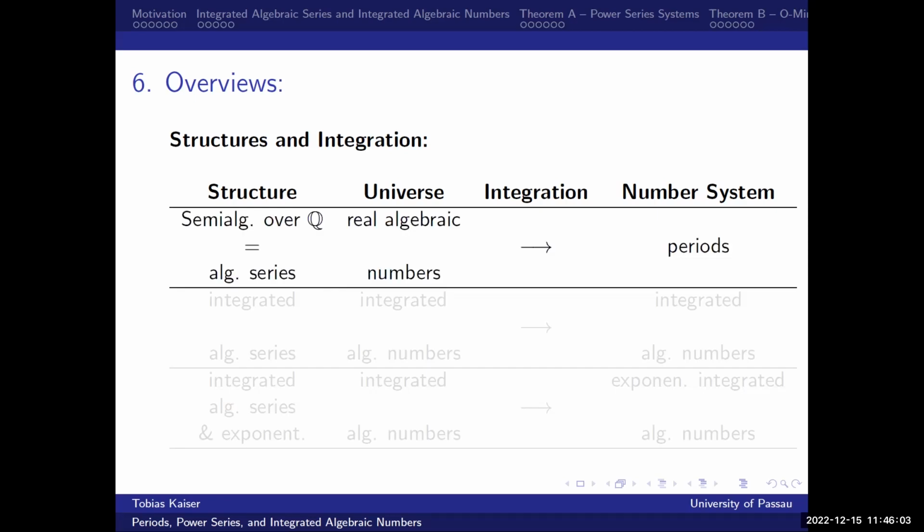Well, first structure: semi-algebraic sets and functions over Q. This is the same as the structure given by the restricted algebraic power functions. Here, this lives on the real algebraic numbers. When I integrate, by definition, I get the periods.